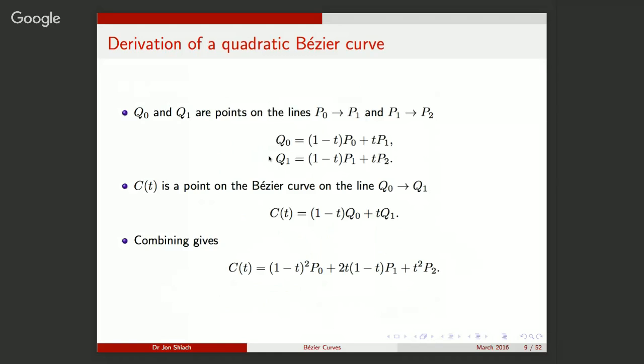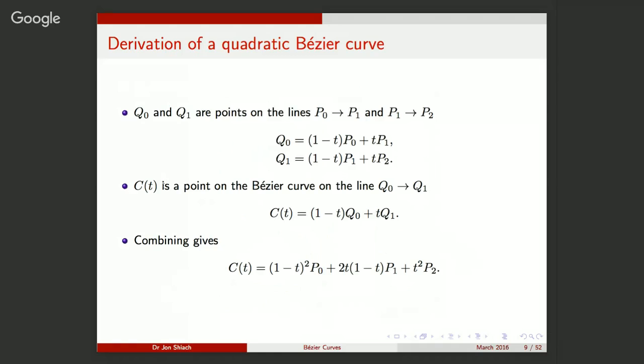So Q0 and Q1 are the points on the lines P0 to P1 and P1 to P2. So therefore, using the parametric equation of a straight line, we have these 2 expressions. So this is where Q0 is, that's where Q1 is.